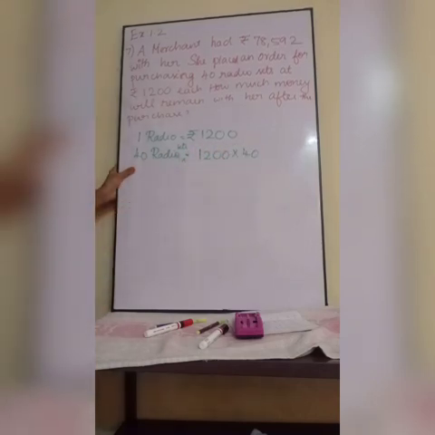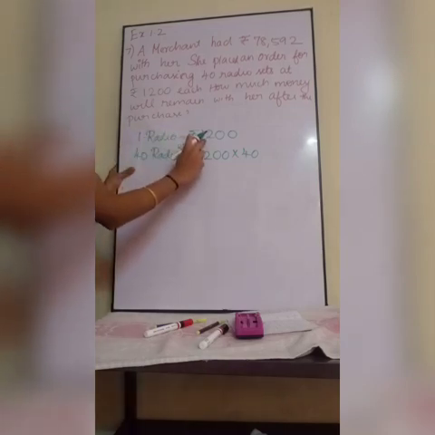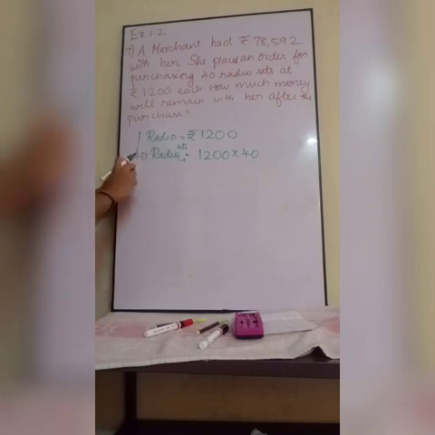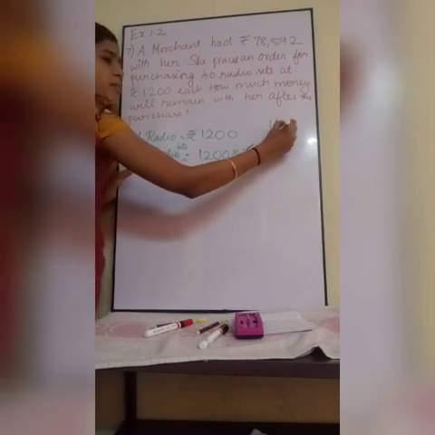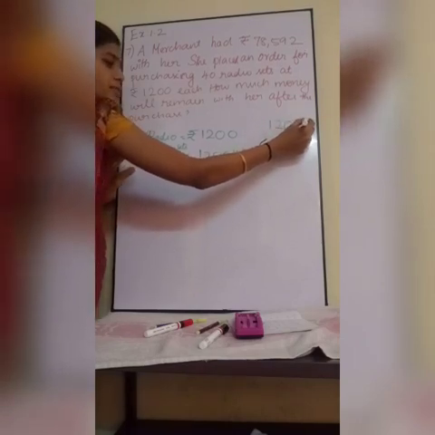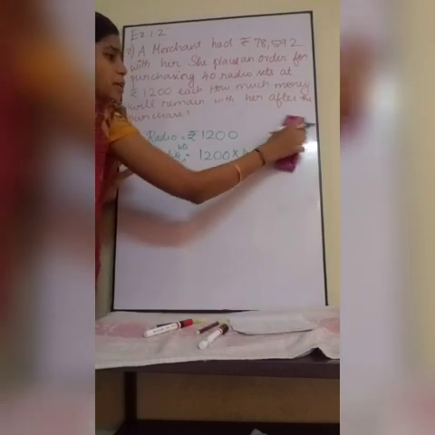So here, for buying one radio she needs 1,200, and for 40 radio sets she needs 1,200 into 40. Now I am going to multiply it.